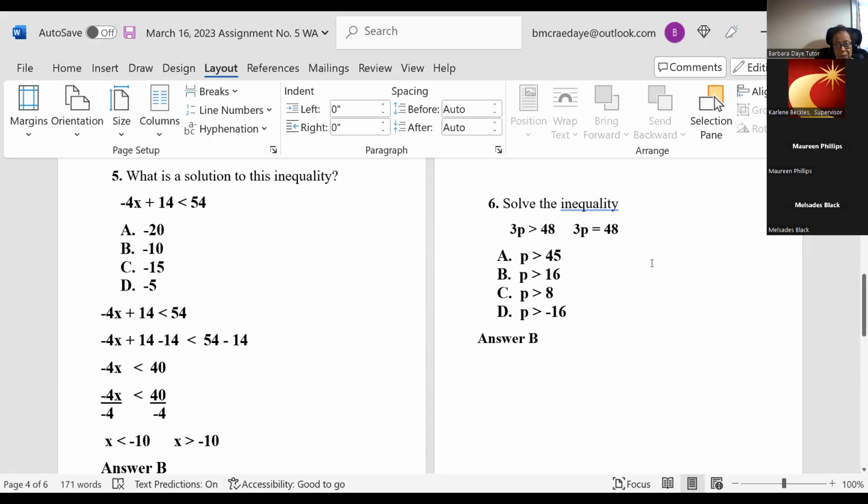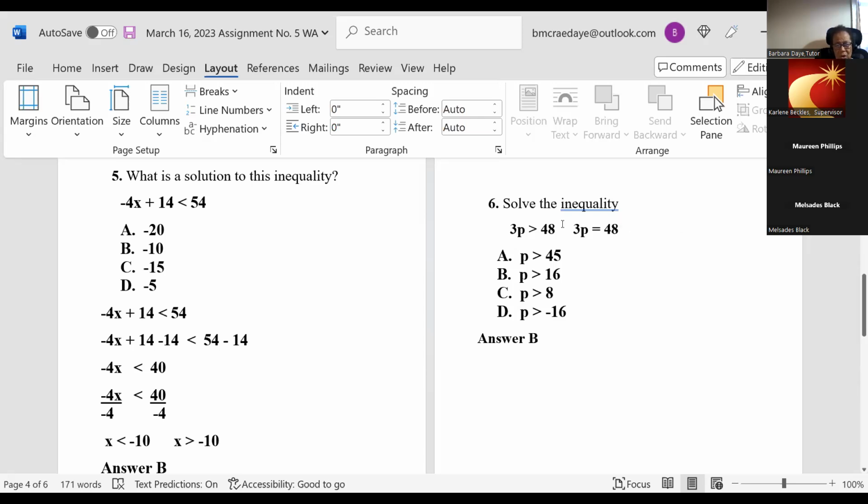How would you solve for p? I would have to divide on both sides by 3. Right. You divide both sides by 3, you get p equals 16.